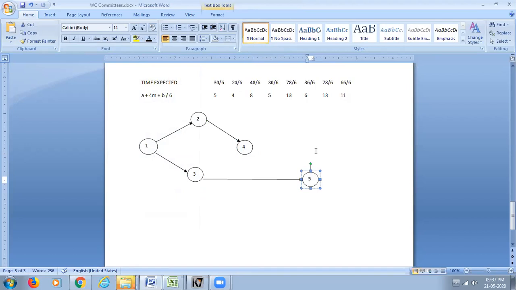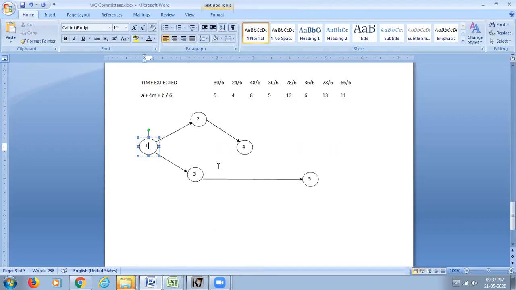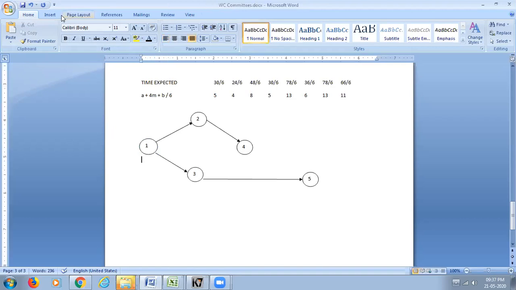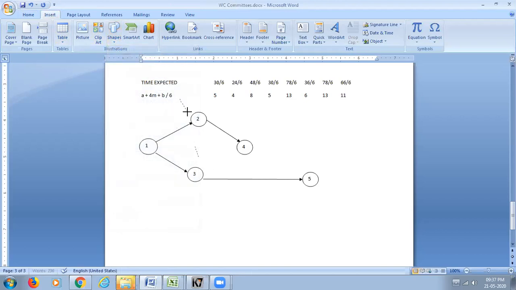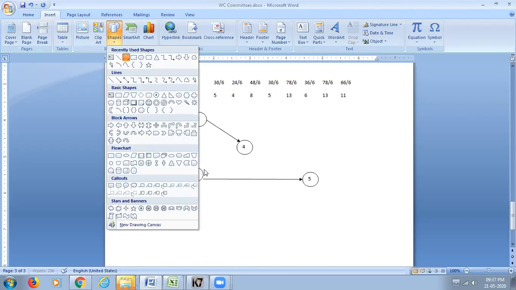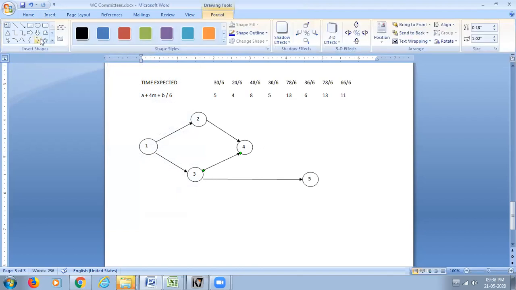Then you have 3 to 4, 4 to 6. 3 to 4. Then you have 4 to 6.